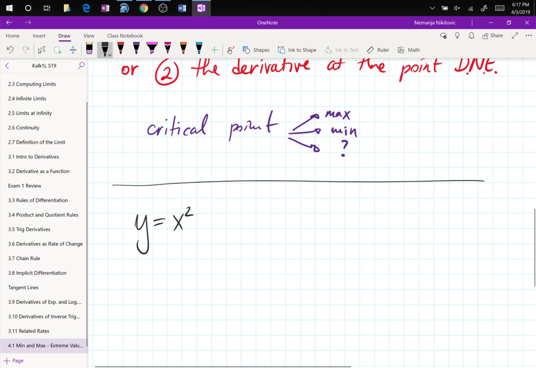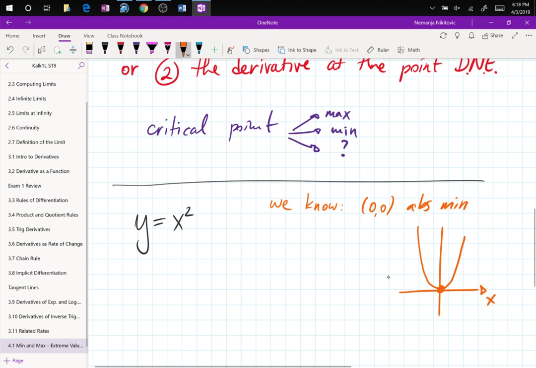Let's see if the calculus is going to just verify that answer. So I'll just put here in orange, we know 0, 0, absolute min. We can also draw the graph and verify that, right? But let's use calculus.